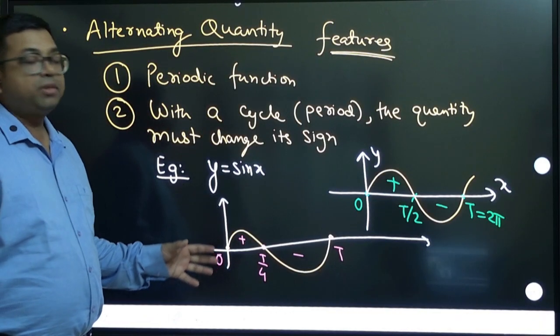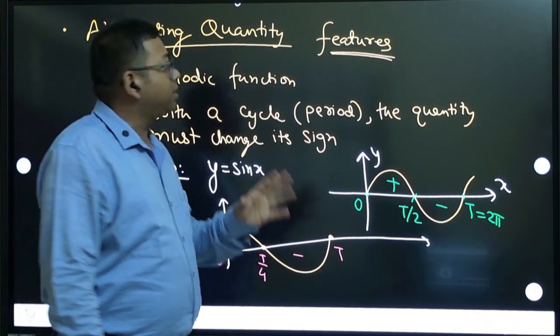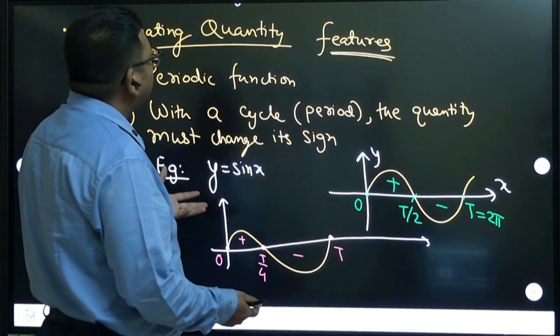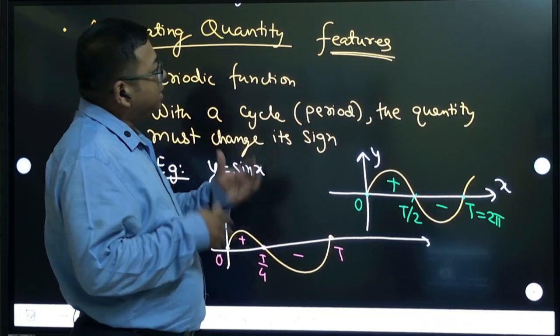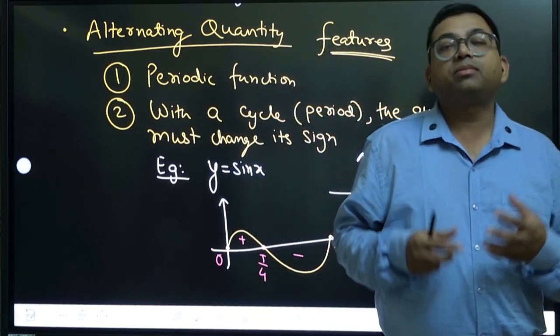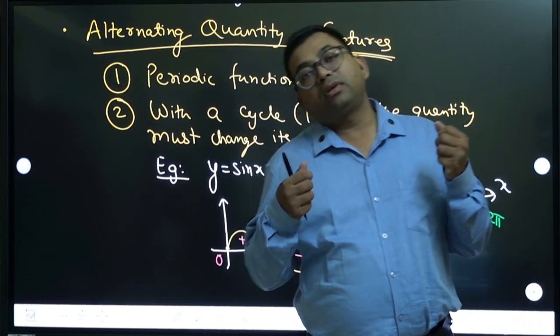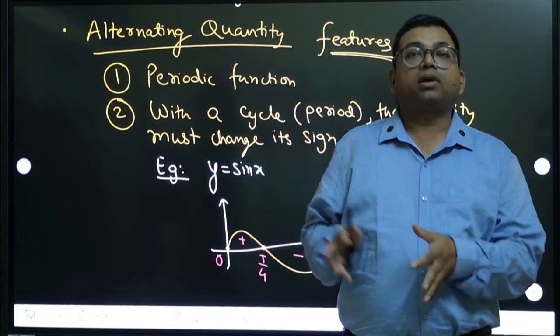Okay, so that is the meaning of alternating quantities. It can be anything. Alternating means it can be flux, it can be electric field, anything it can be. But generally the term AC has become so common that we use AC before any quantity: AC voltage, AC flux.